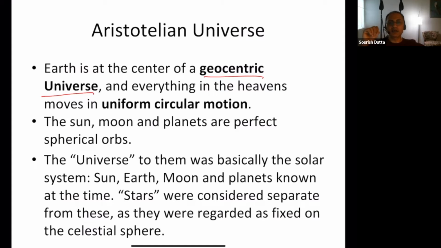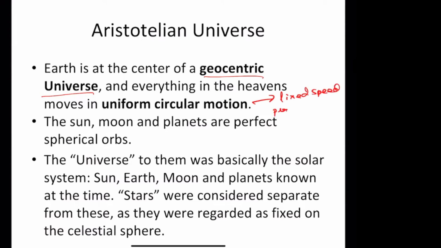So what does uniform circular motion mean? It means that if something is orbiting the Earth, it is moving with a fixed speed in a perfect circle. So that is what uniform circular motion means. So fixed speed in a perfect circle.